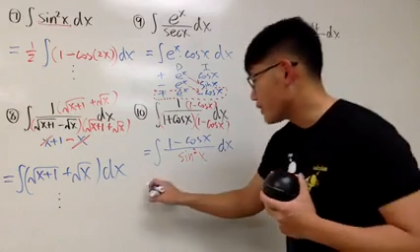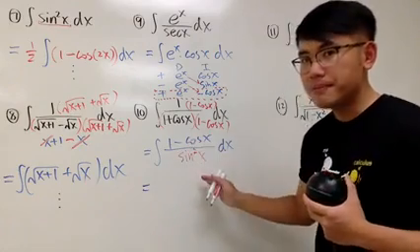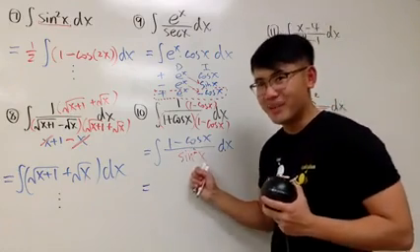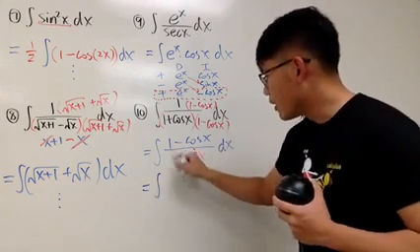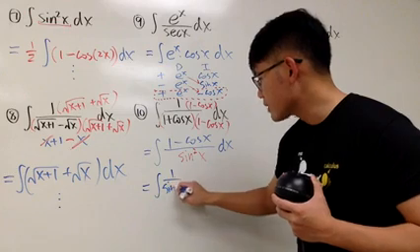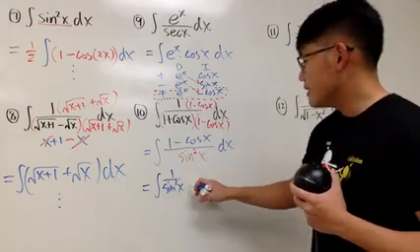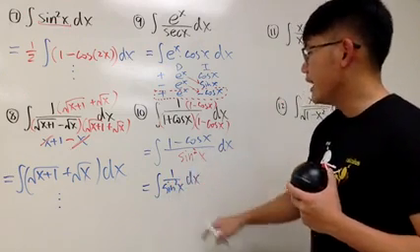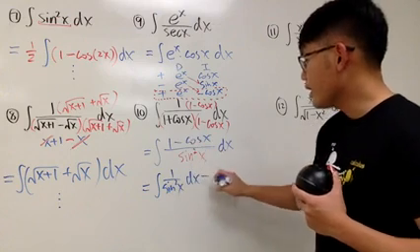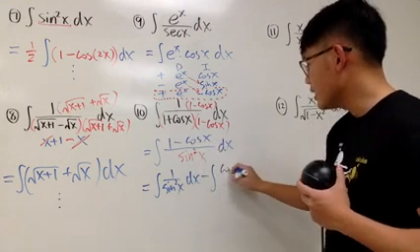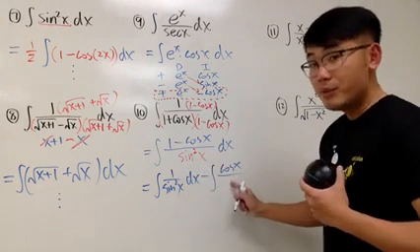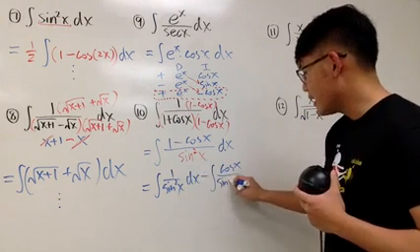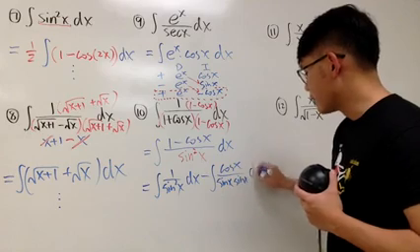This is pretty straightforward now because we can just split the fraction since we only have one term in the denominator. First, the integral of 1 over sine squared x. And then perhaps let me close this, and then I will put down the minus, and then the integral, and then we have cosine x over sine squared x. And let me write this down as sine x times sine x, for a good purpose, you'll see.